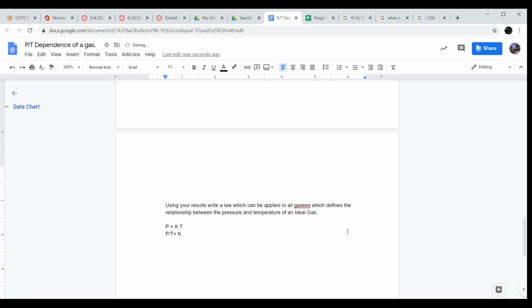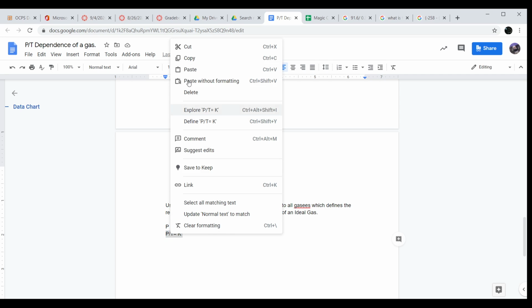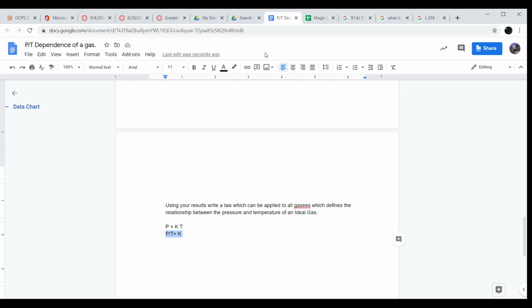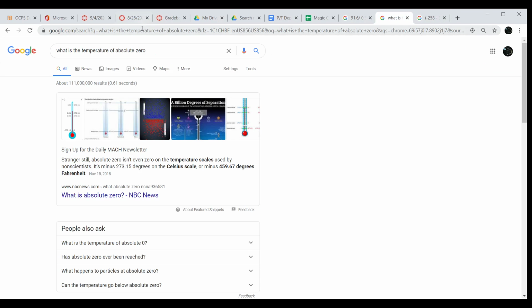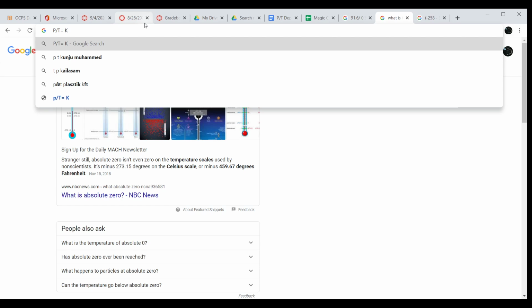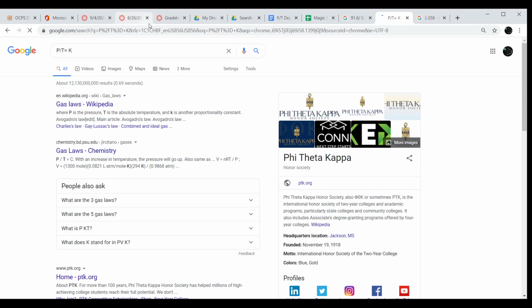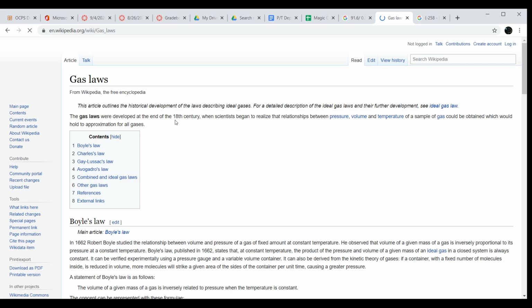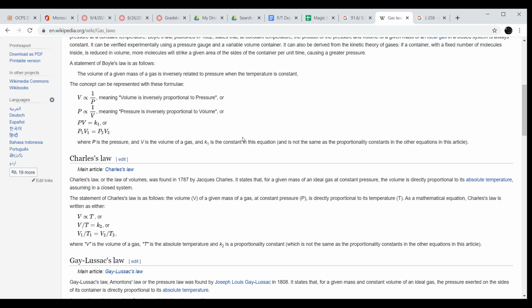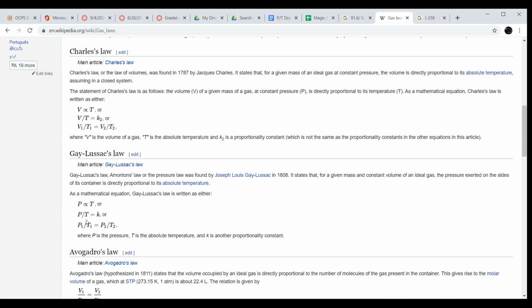That would be the best way to write that there is a relationship here. And if you put this law into Google, you'll find the gas laws. This particular gas law is known as Gay-Lussac's law, where the pressure and temperature are related to one another.